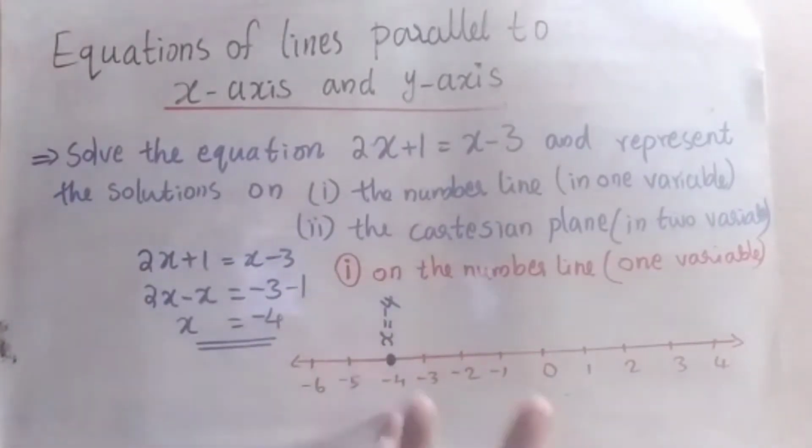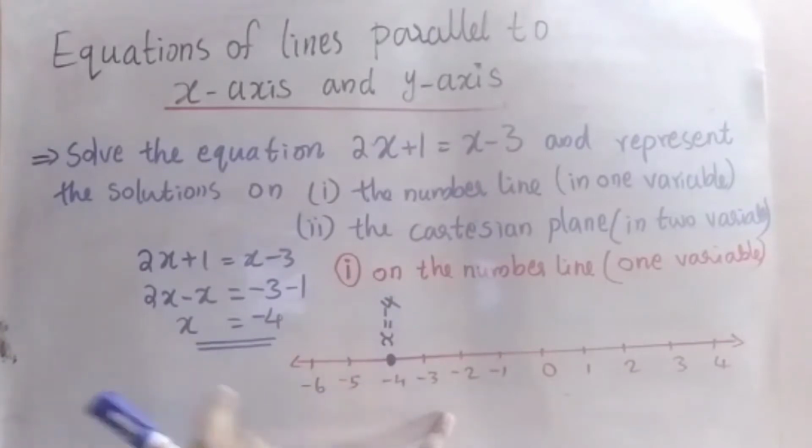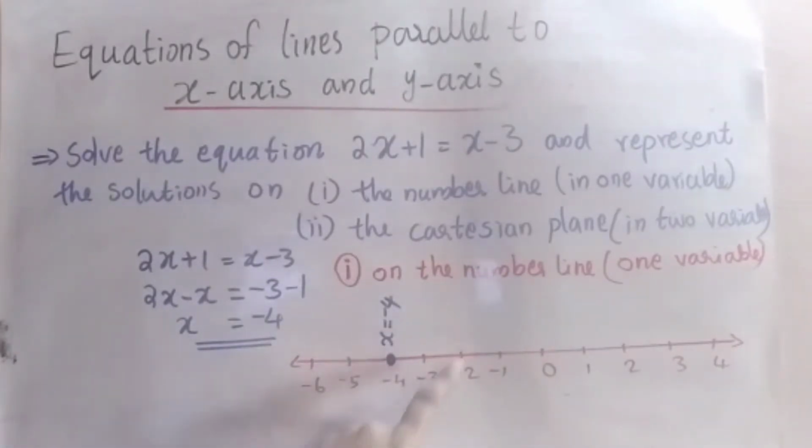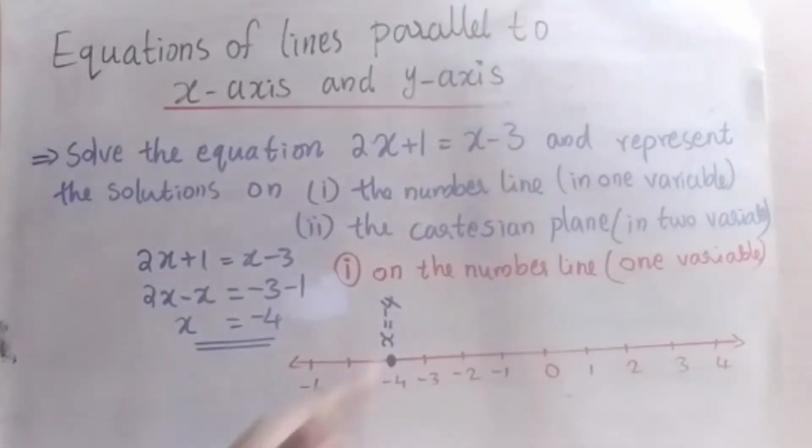This is the method to represent a solution on the number line. Here there is only one variable, so the representation of one variable is on the number line. Clear?